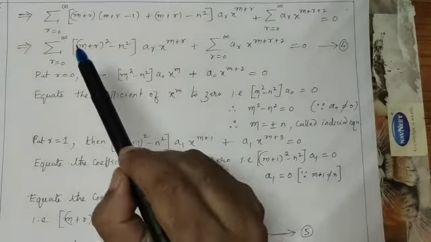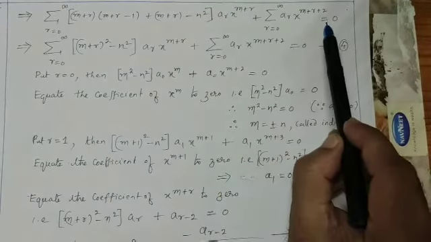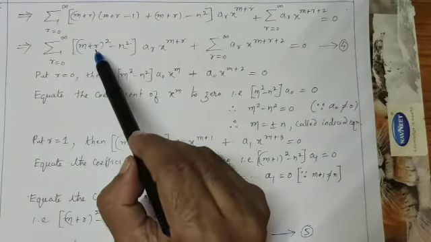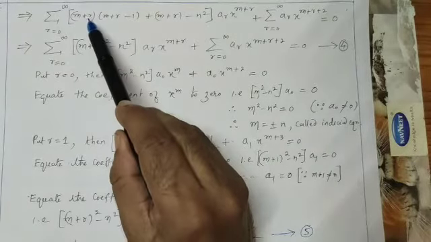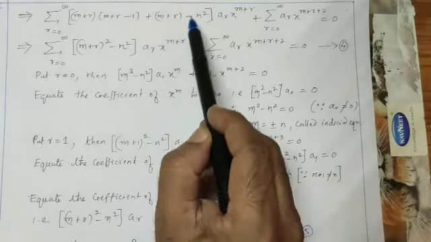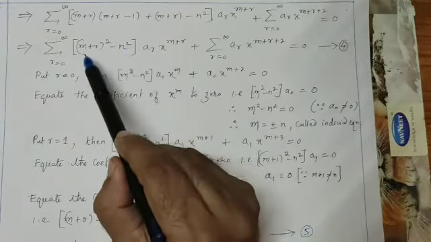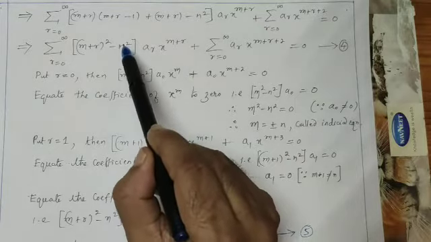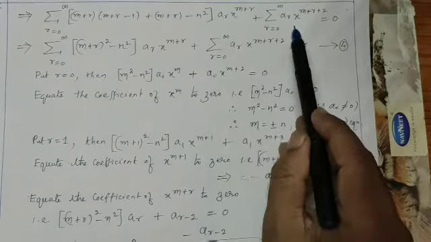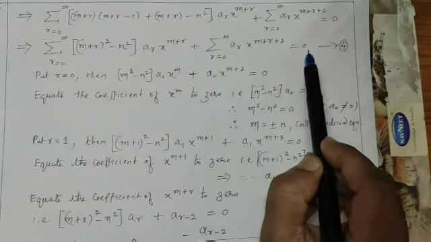Therefore we have this equation. Now (m plus r) into (m plus r) is (m plus r) whole square, minus of (m plus r) plus (m plus r) cancels. Then we have minus n square here. Therefore we are remaining with ((m plus r) whole square minus n square) times a r x power m plus r, and the second term as it is, equal to 0.